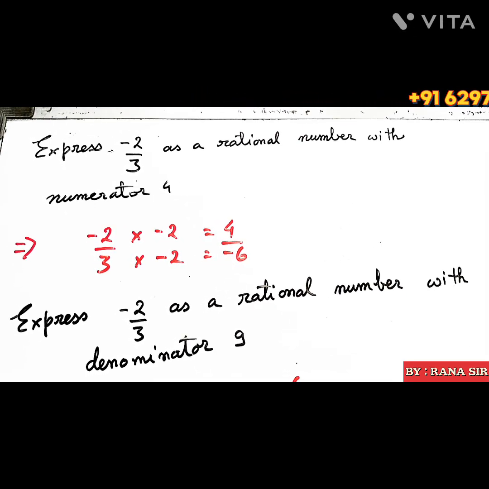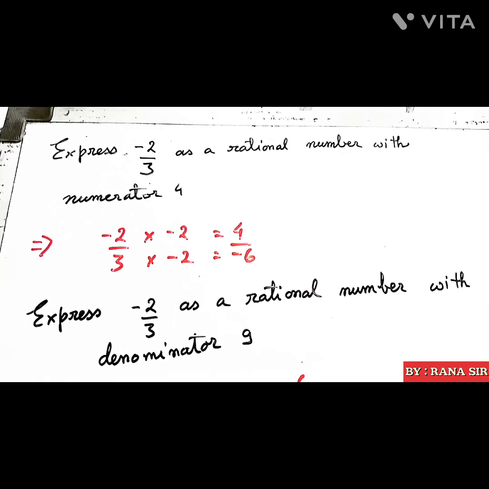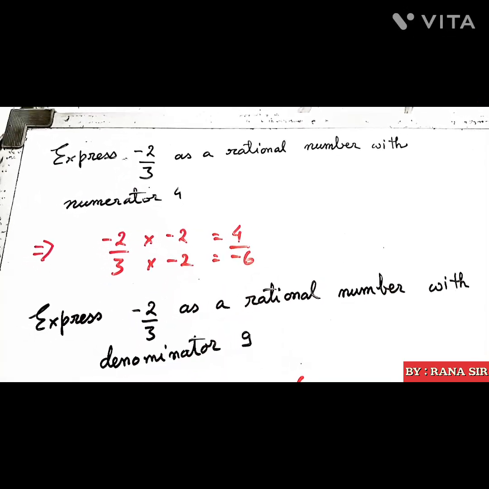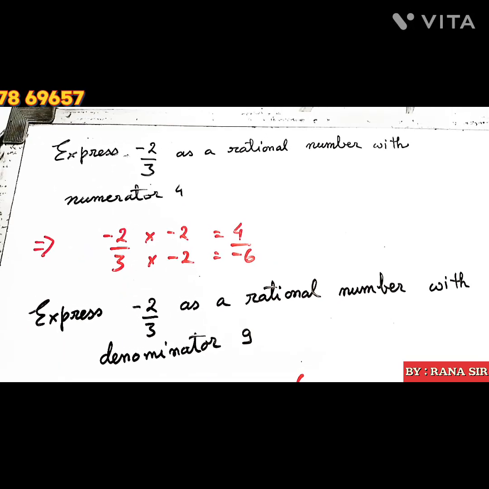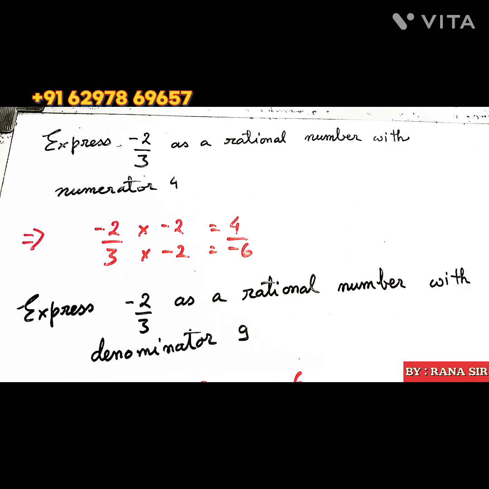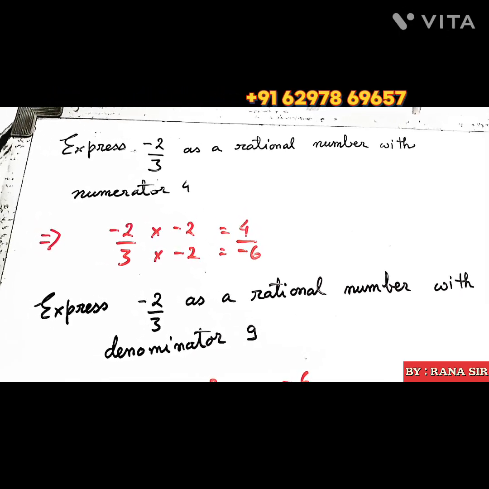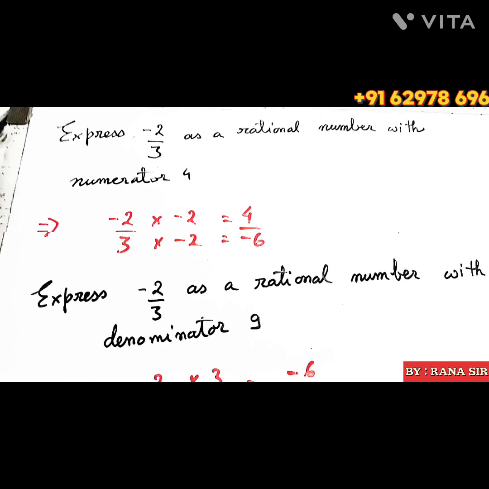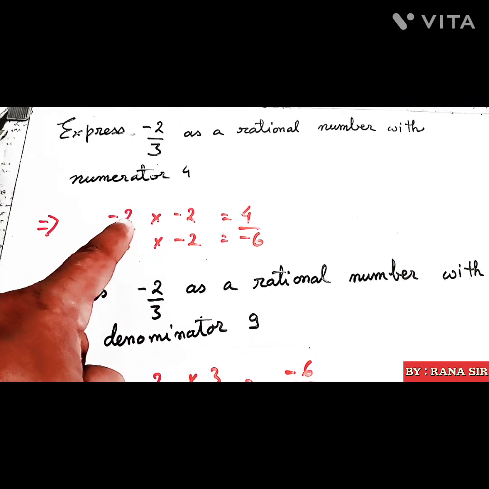That we have to express minus 2 by 3 as a rational number having numerator 4. So minus 2 to positive 4. What will be multiplied? Minus 2 into minus 2. Why? Minus into minus is plus, and 2 into 2 is 4. So what I have done is multiplied the numerator minus 2 with minus 2.